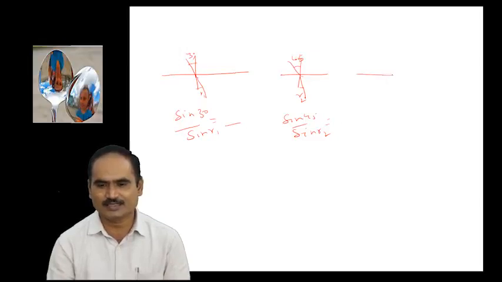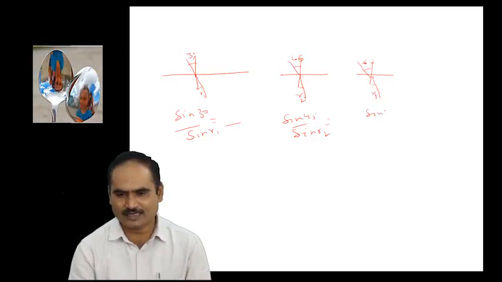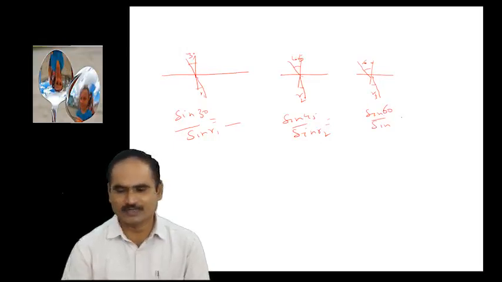Then let us take another angle. Instead of 45 degrees, let us take 60 degrees. Then it undergoes refraction, and this is R3. Sine 60 degrees by sine R3 gives some value.